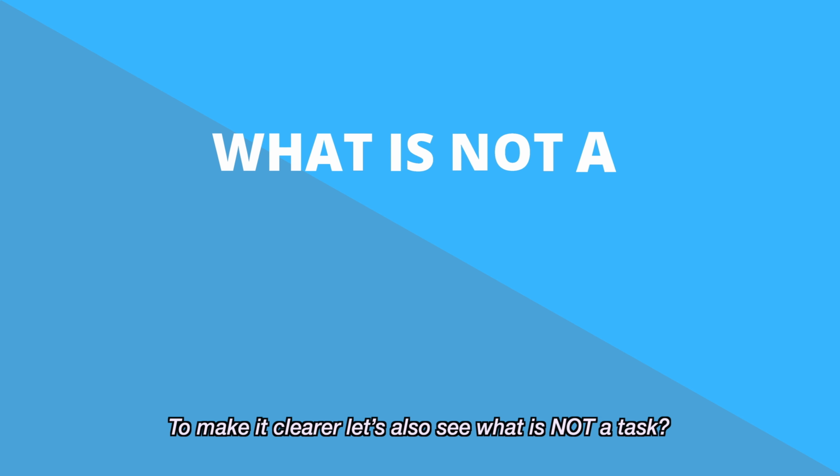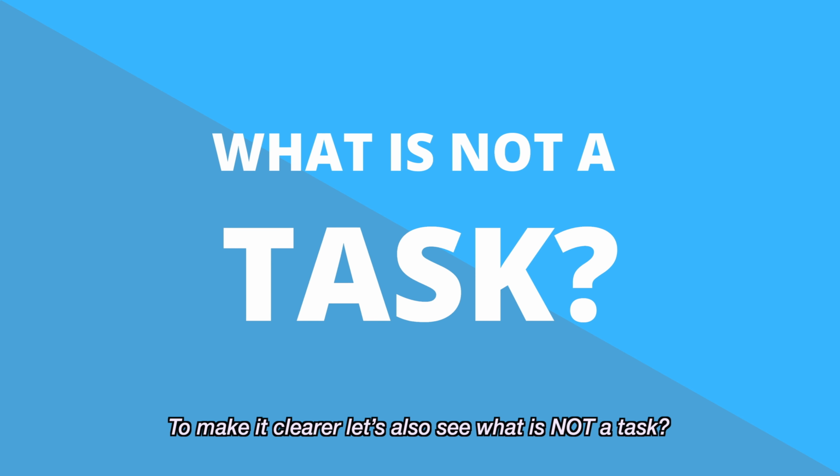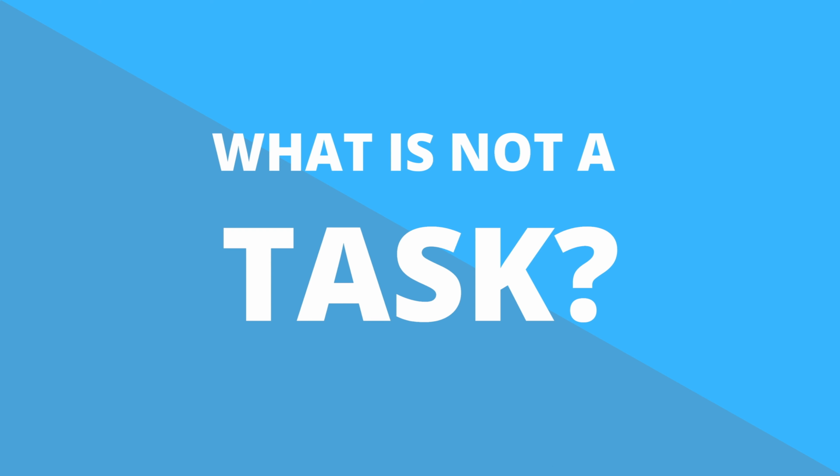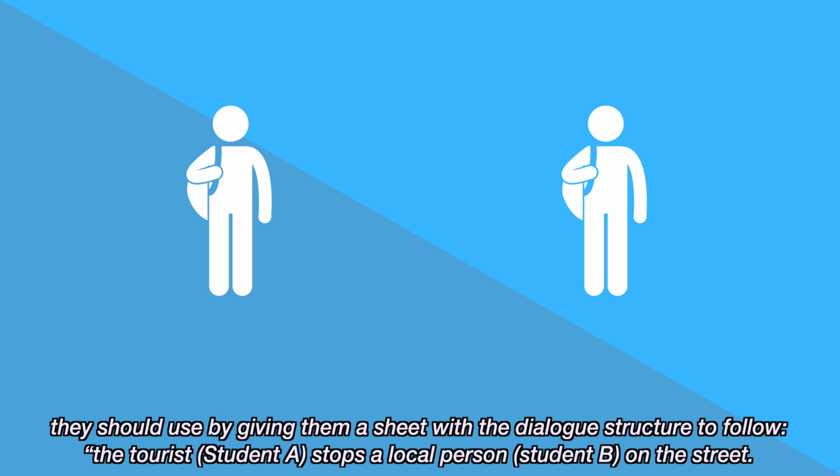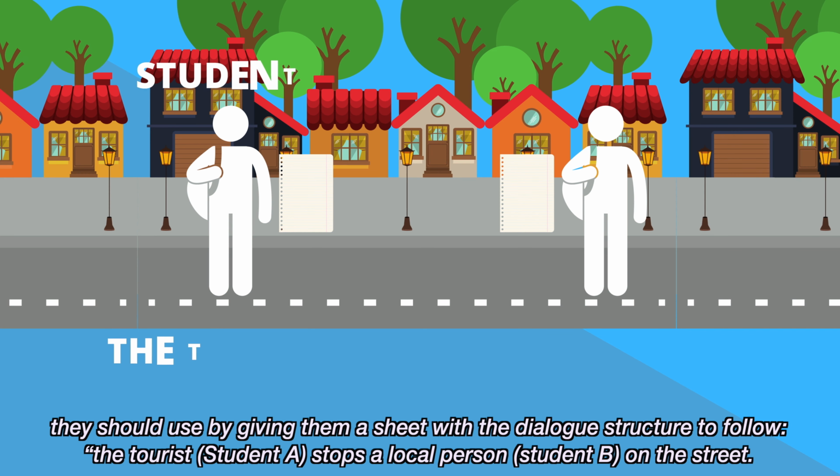To make it clearer, let's also see what is not a task. In the role-play example explained earlier, the teacher could have also explained to the two students what vocabulary, structures and ideas they should use by giving them a sheet with the dialogue structure to follow. The tourist, student A, stops a local person, student B, on the street.